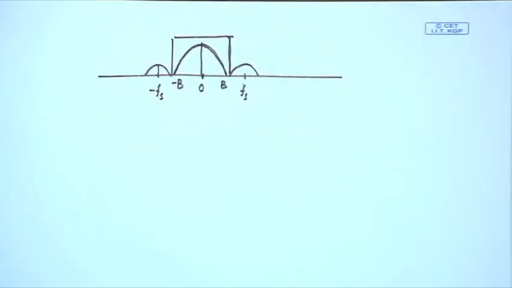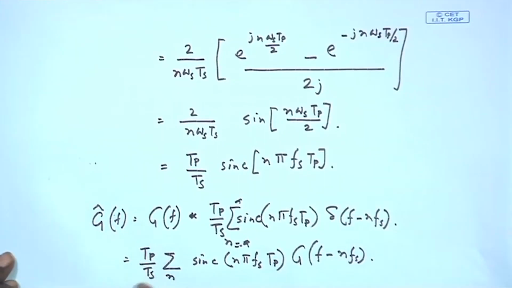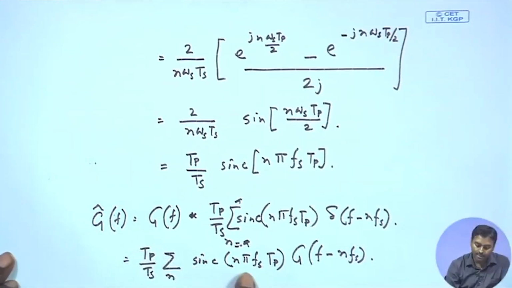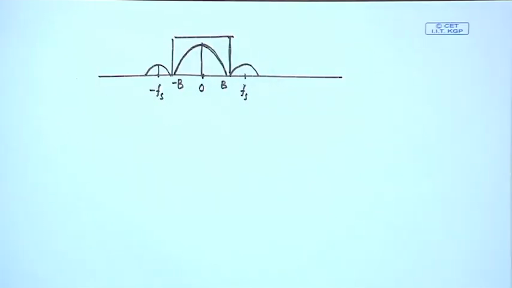That is a very good thing, because as you increase Tp, there is also another effect. This Tp will increase, so this factor will increase, plus because it is a sinc, as you increase Tp, this will go to 0 very soon in the side lobe. So, basically the side lobes are getting decreased even more. So, as I increase Tp, I will be getting more and more power over here.